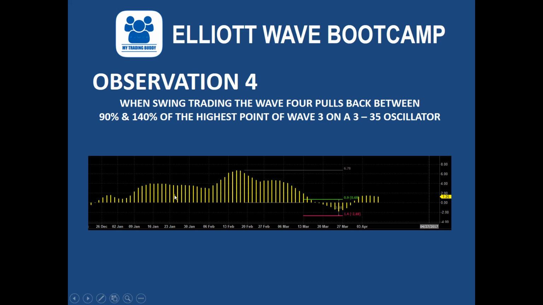So the indicator is different colors on there, but basically the highest point of the wave 3 on the indicator here, we do a retracement, and we're going to go through how to do that. And the wave 4 pullback on the oscillator is between 90 and 140%. And that really gives you a lot of confidence. Once that crowns and starts to move back, that's a really good observation, and it's an integral part of the strategy. You're going to get that high probability move.